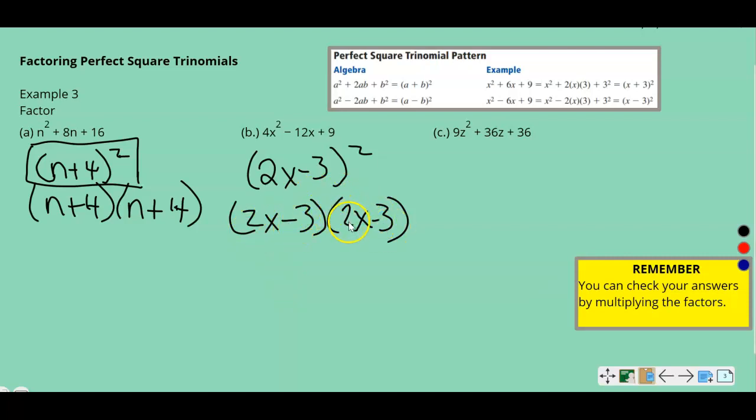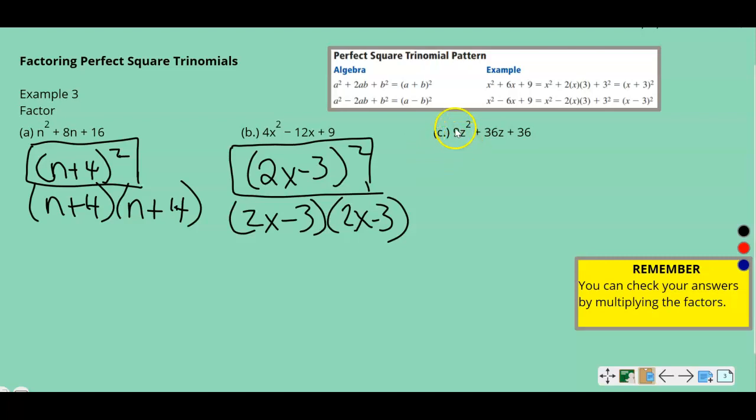I've got another negative 6x in the middle, again, hence the twice that term in the middle. And then negative 3 times negative 3 is positive 9. So you can see that that checks out as well. Very quickly, easy to factor, also easy to check.